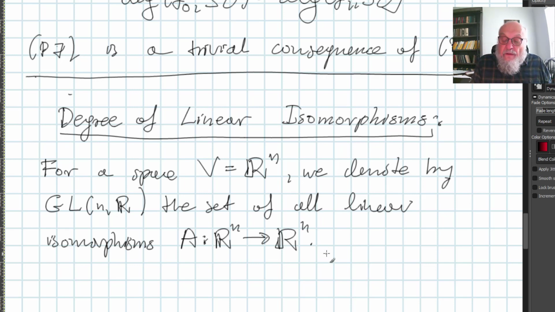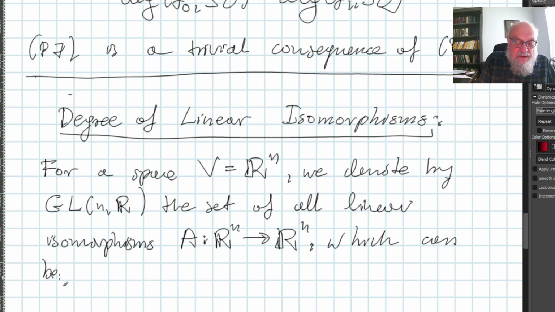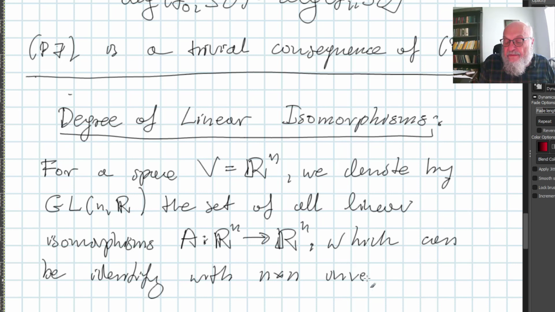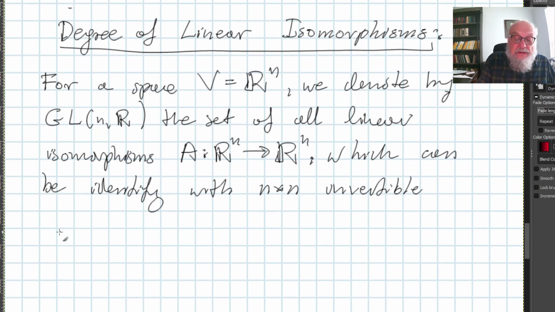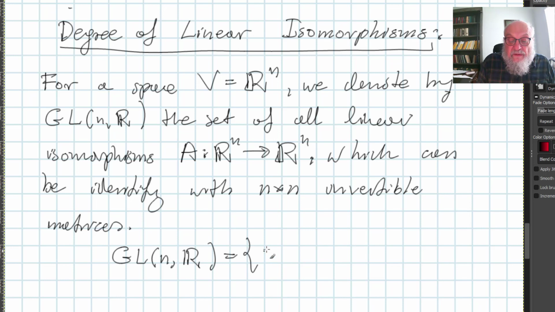So that means simply you can think of it as identified with n by n invertible matrices. So this is the set of all matrices A that are linear isomorphisms.